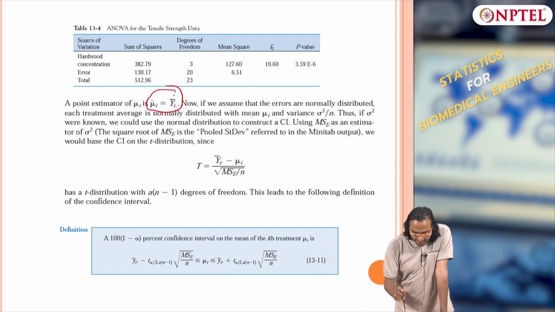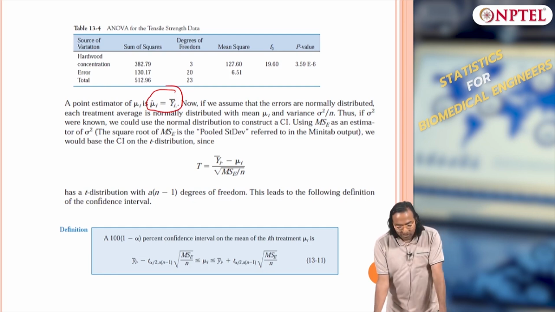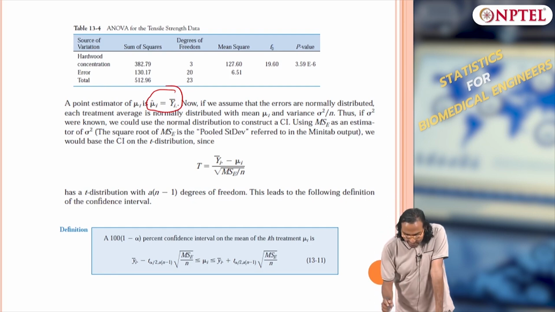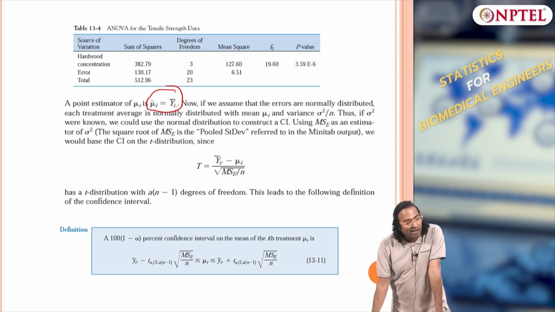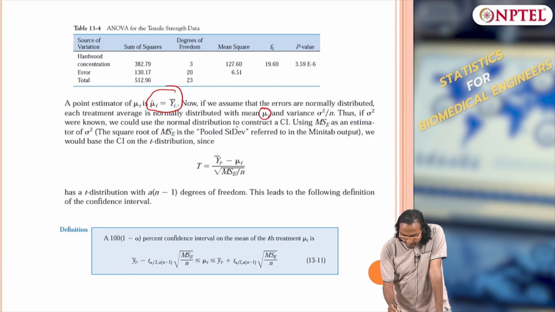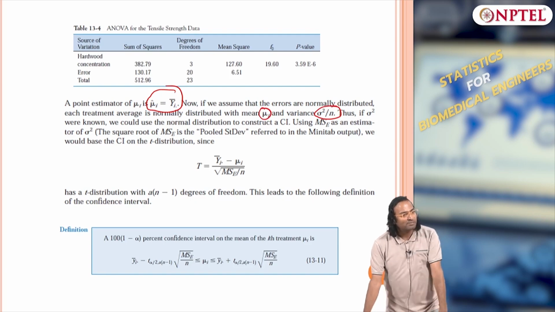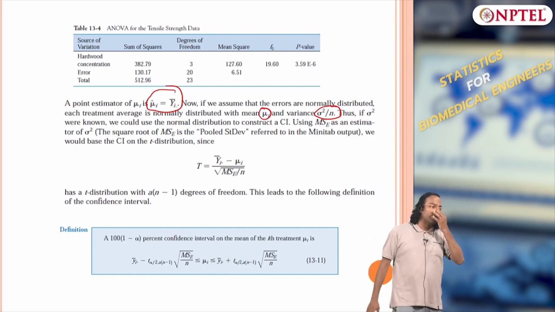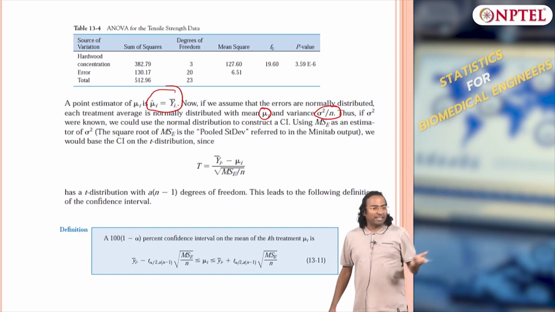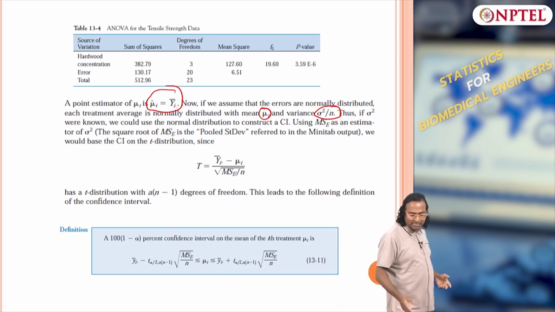Now, of course, we assumed from the beginning that the errors are normally distributed, and what is the mean? Mean is mu i, and the variance is sigma squared by n for each treatment. For each treatment there are n samples. So, the variance of x bar is sigma squared over n. That is the same idea.